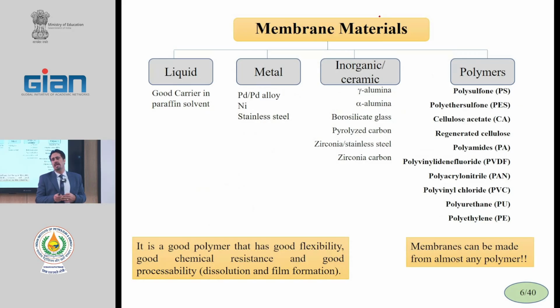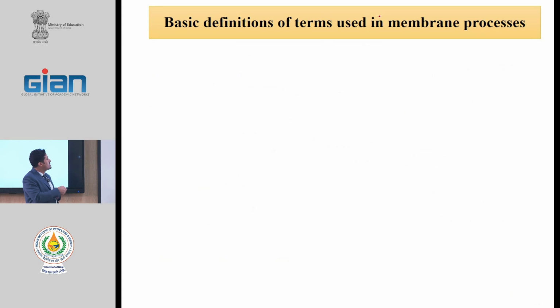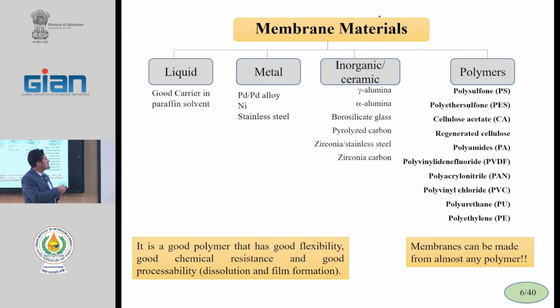About membrane materials, we can say that all materials can be used for the membrane fabrication. Polymeric, organic materials, inorganic or ceramic materials, metal or liquid.